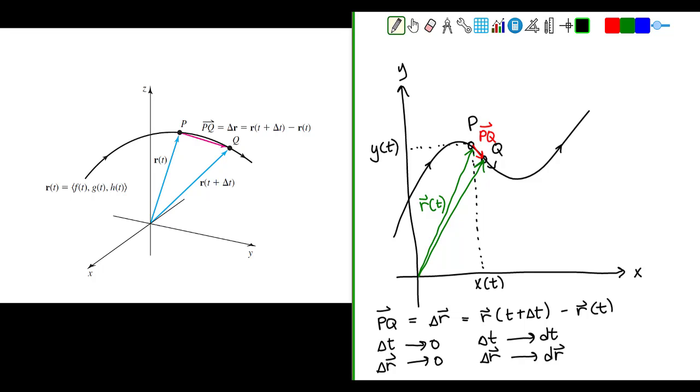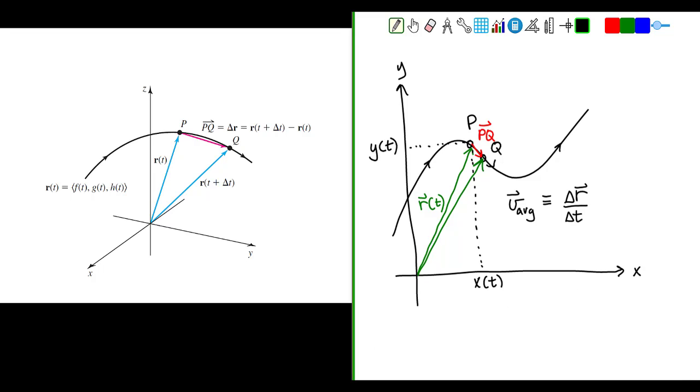Velocity from our physics courses is the rate of change of position. So let's call the velocity of our curve, and in this situation we will call it the average velocity of our curve. We will define it to be the displacement between points P and Q over the time interval in which that displacement takes place.